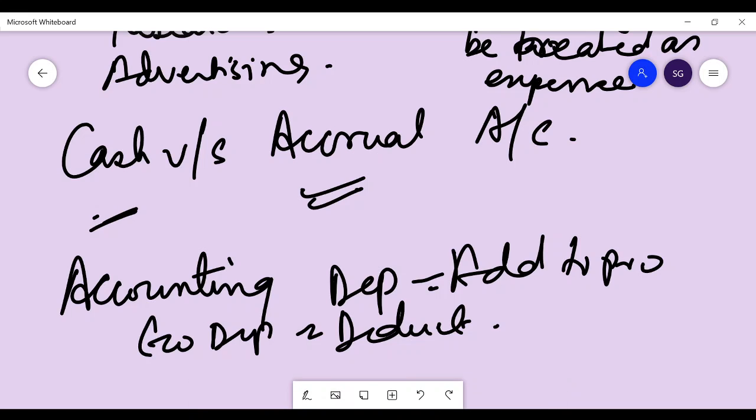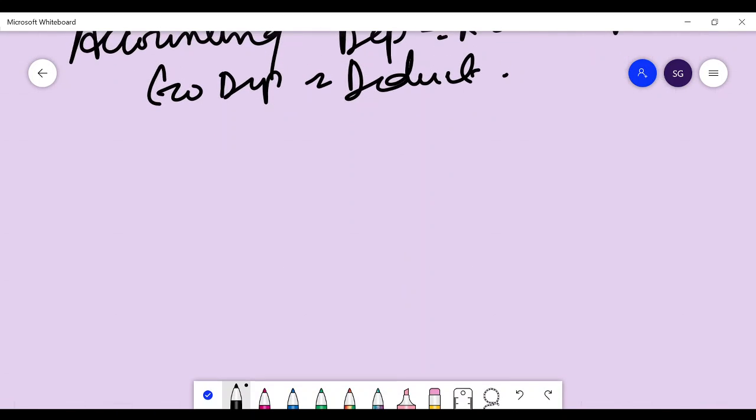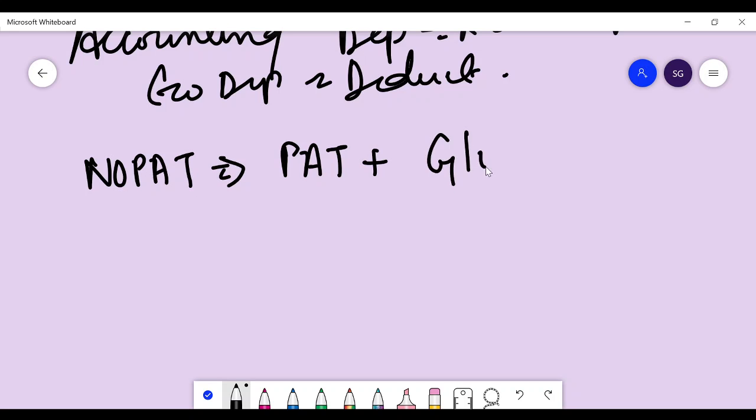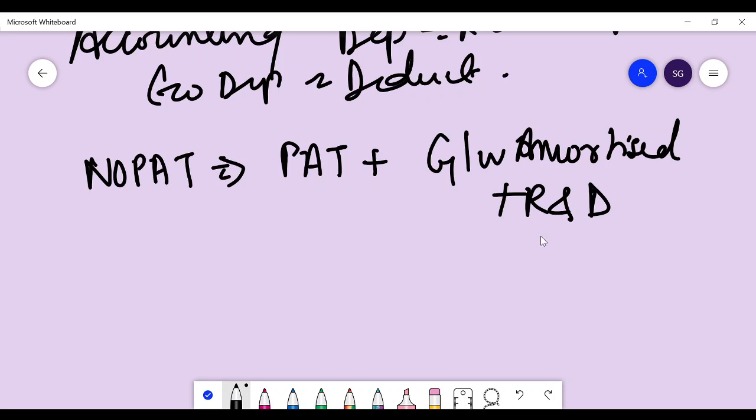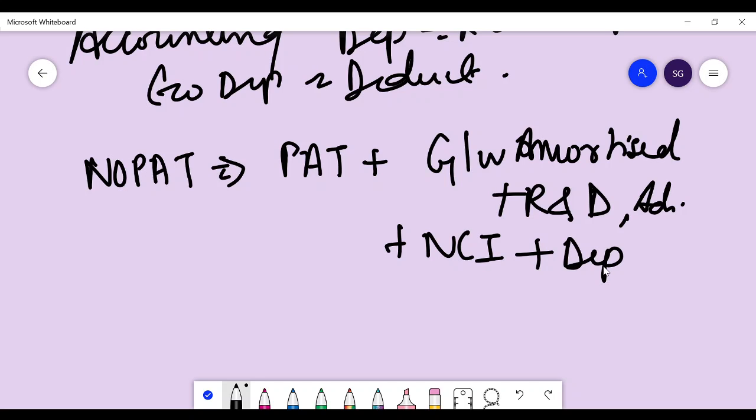Hence, NOPAT is profit after tax plus goodwill amortized plus research and development expenses, advertising expenses, non-cash items plus depreciation, but economic depreciation will be charged, plus interest net of tax.